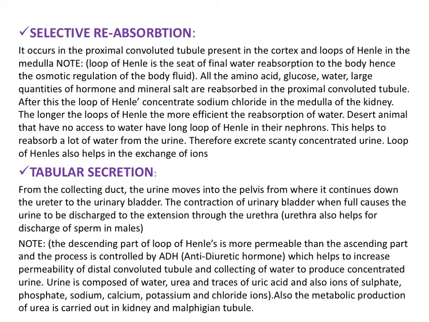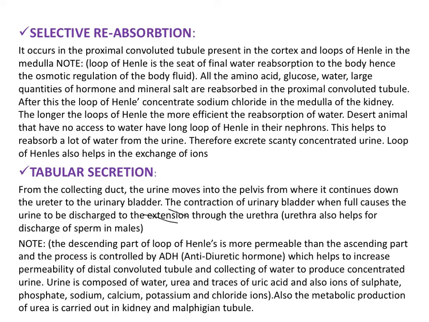The contraction of the urinary bladder, when full, causes the urine to be discharged through the urethra to the exterior, that's outside the body. The urethra also helps for discharge of sperm in males, but in females it is solely for urine excretion or removal.